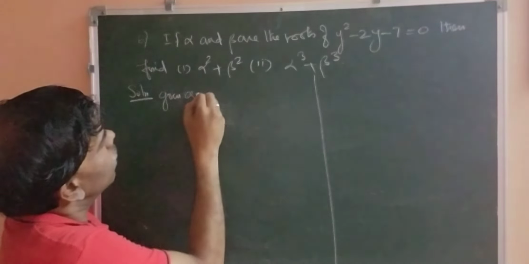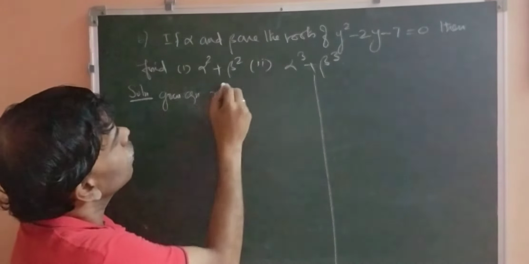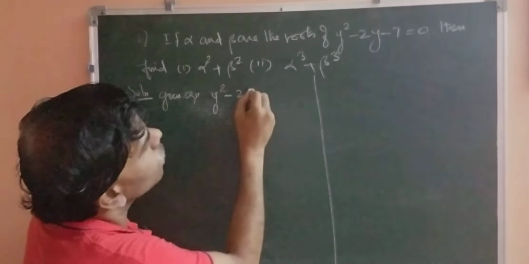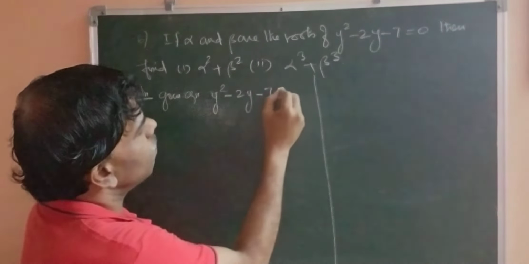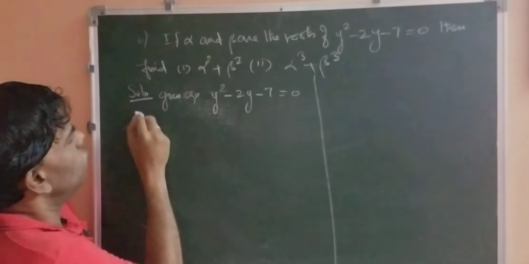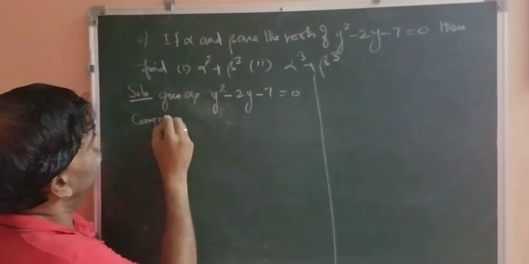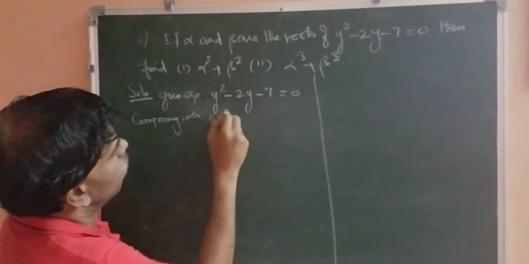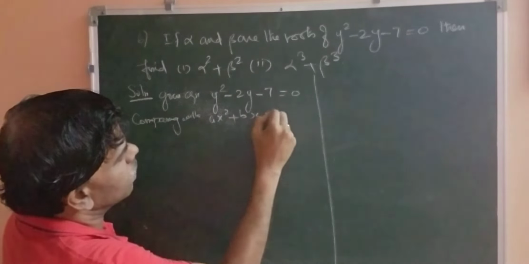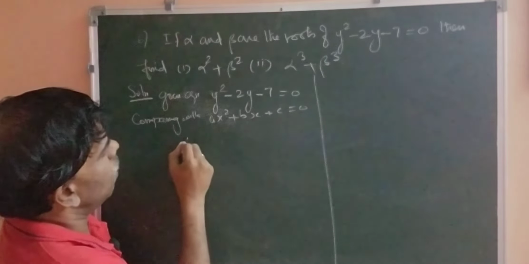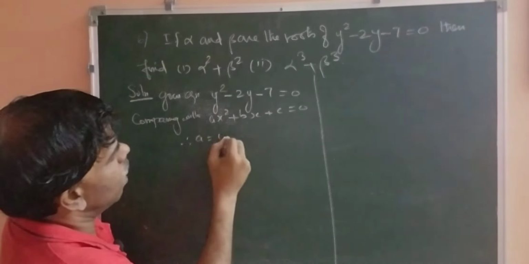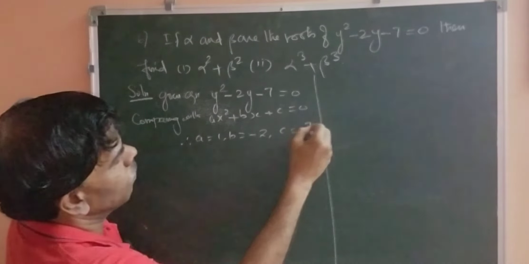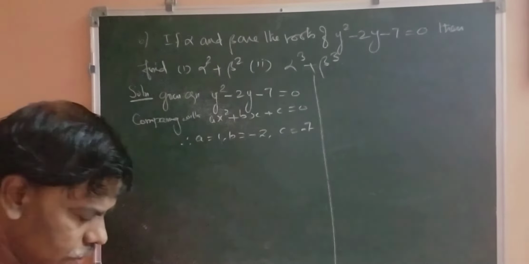The given equation is y square minus 2y minus 7 is equal to 0. So we will compare with ax square plus bx plus c equal to 0. Therefore you got a equal to 1, b equal to minus 2, c equal to minus 7, right?